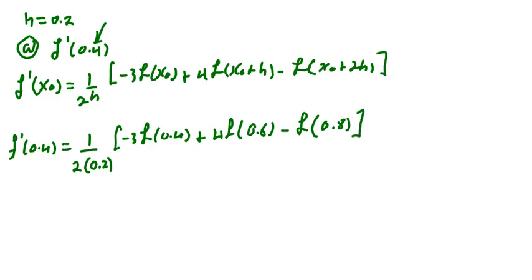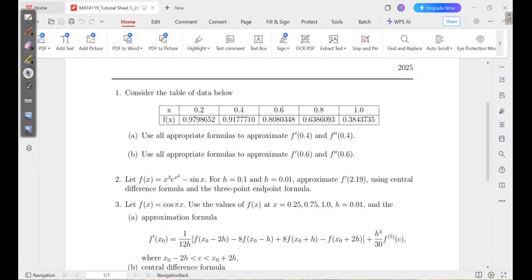This seems to be very interesting. Down here, this is going to be 1 over 0.4, minus 3 where you have f of 0.4. Just go back to your table where you have your 0.4, get this value and substitute. Where you have 0.6, get this value.